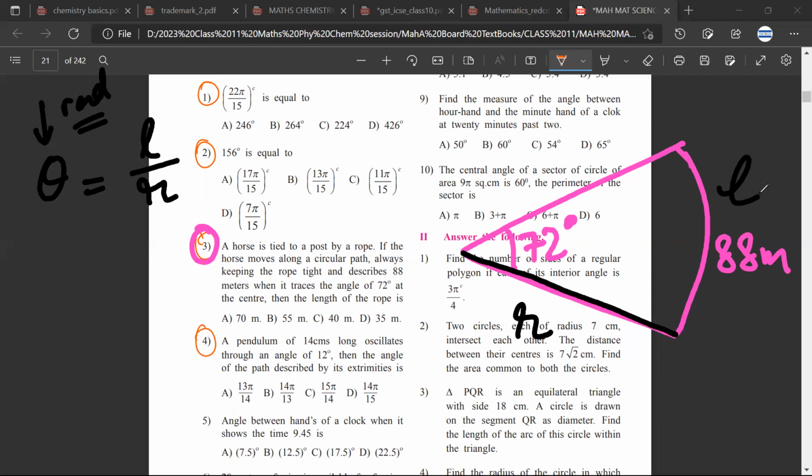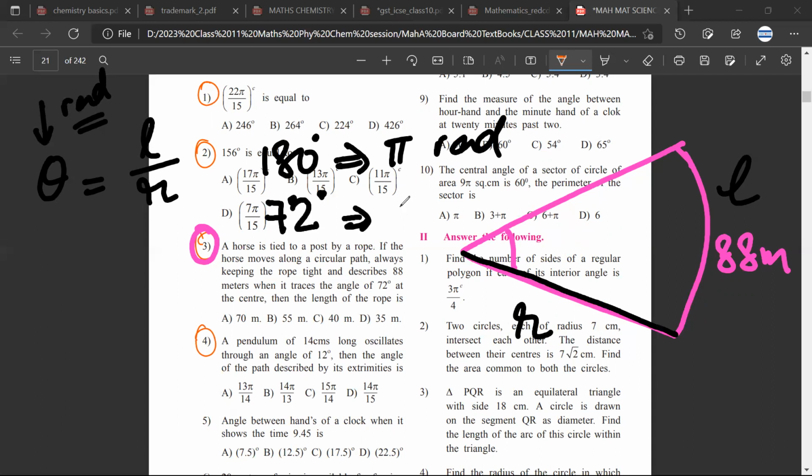That is the only small challenge that you will face. The formula theta equals L by R is not applicable for degrees. So 72 degrees: 180 degrees is pi radians, so 72 degrees would be equal to pi upon 180 into 72, which is 2 by 5 pi radians.